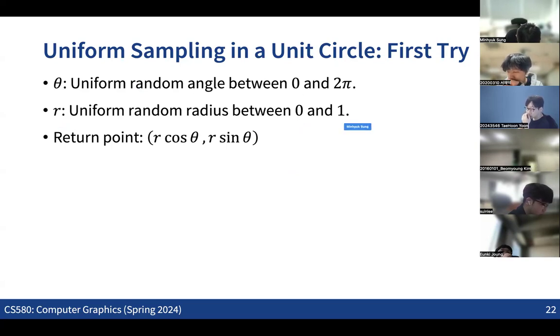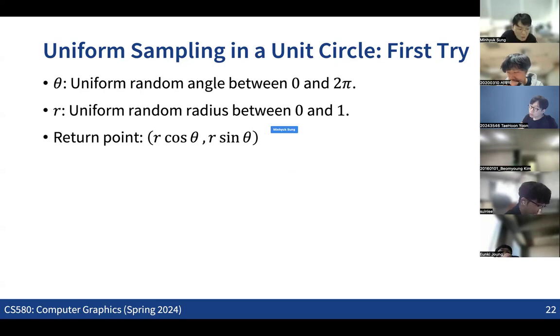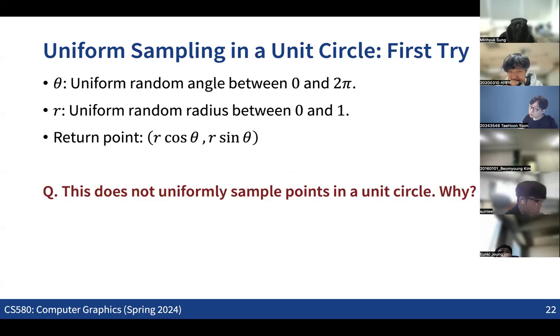Then we get an (x, y) point, right? Does this make sense? What is the problem with this sampling? If we sample like this, we are not actually getting uniform samples. What is the reason for that?